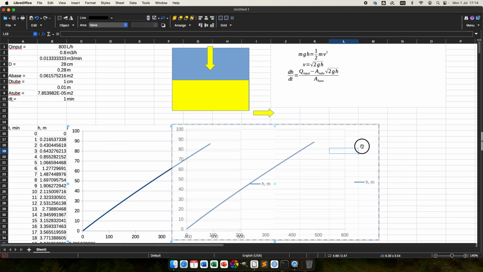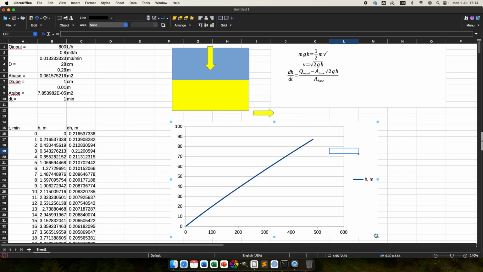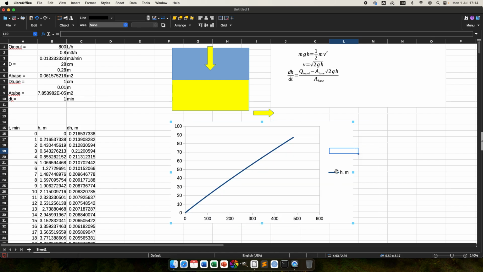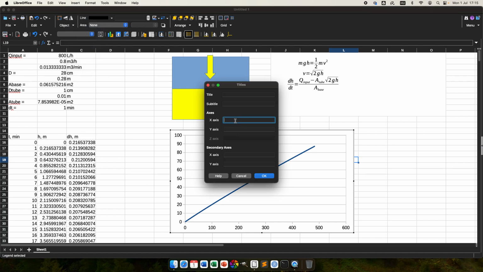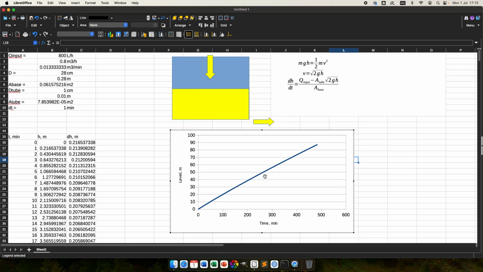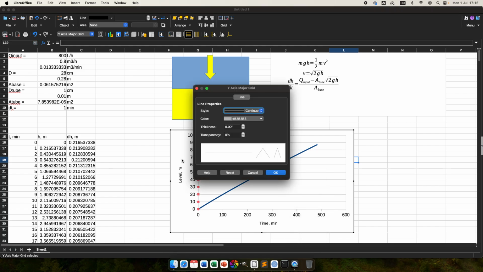Maybe it can be a little bit beautiful, this figure. If I modify a little bit, we understand what will be on the figure. So maybe I can add title, it is better. Insert titles, and the x-axis will be time in minute. The y-axis will be the level in meter. Now it is better.